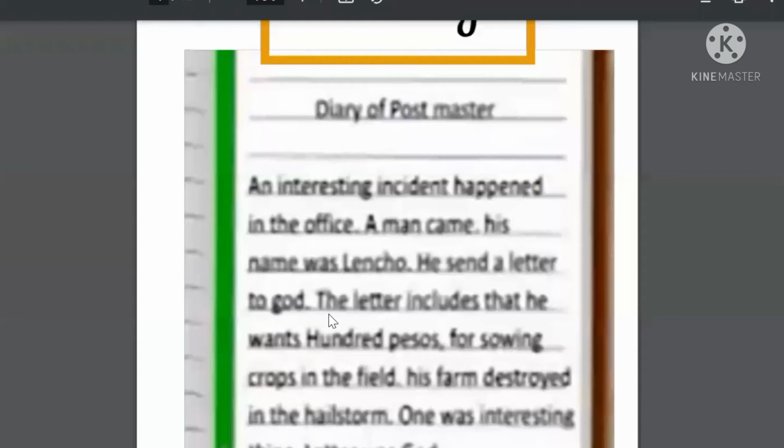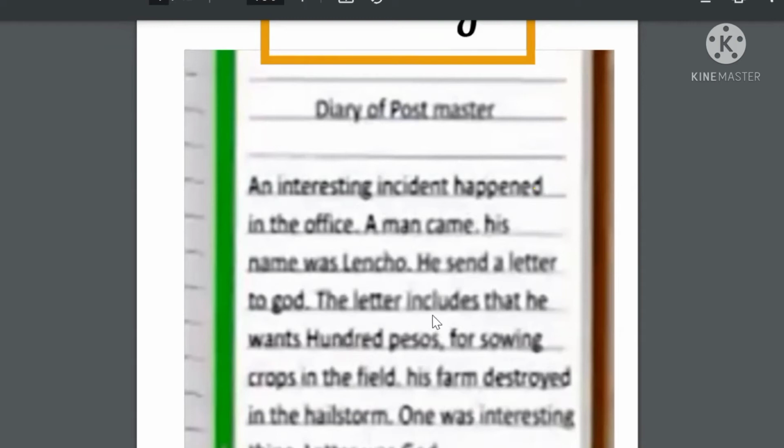Now, we are continuing. The letter includes that he wants 100 pesos for sowing crops in the field. So, what was the content of the letter?